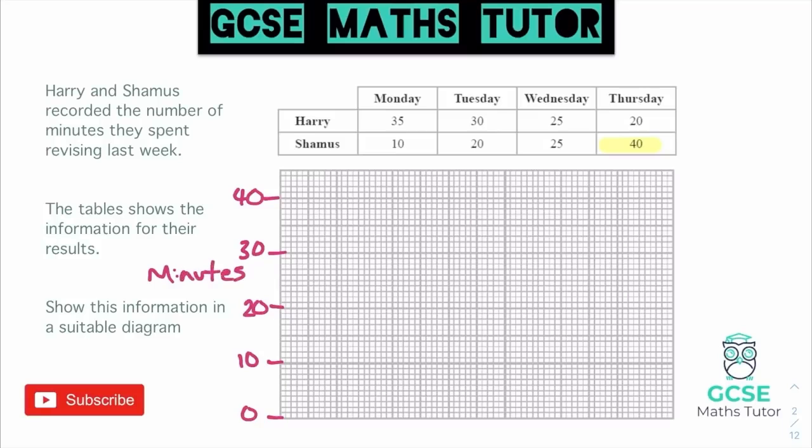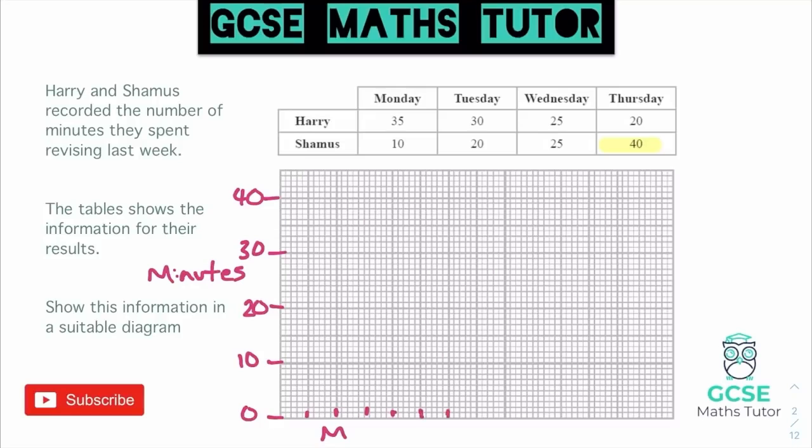Then we're going to go down the bottom. To make sure that we can draw this correctly, we want to label the days. So we're going to go for Monday, Tuesday, Wednesday, Thursday, and just label them in. For Monday, let's just imagine we're going to have our bars drawn side by side. So it's going to go about that much, so that would be Monday. And then we're going to leave a gap between those. So our next ones are going to go sort of here.